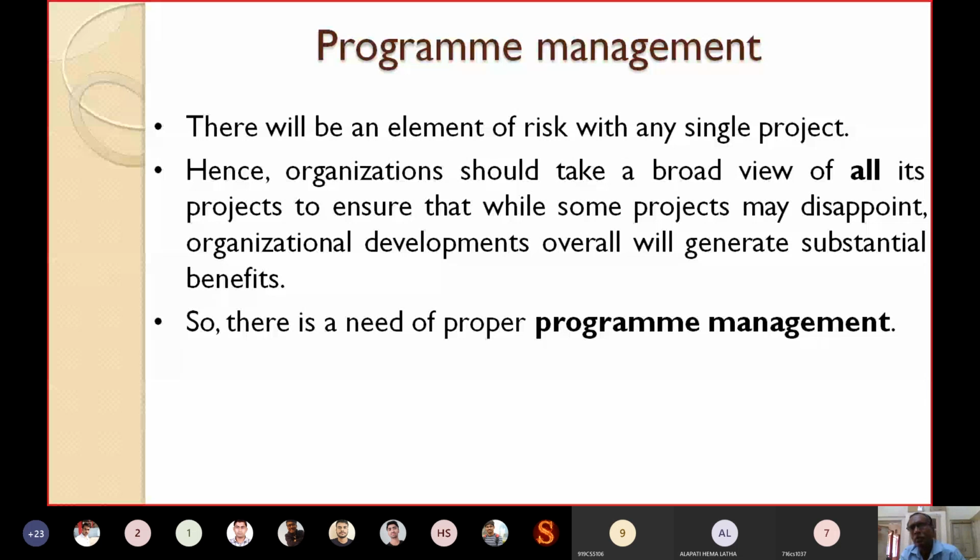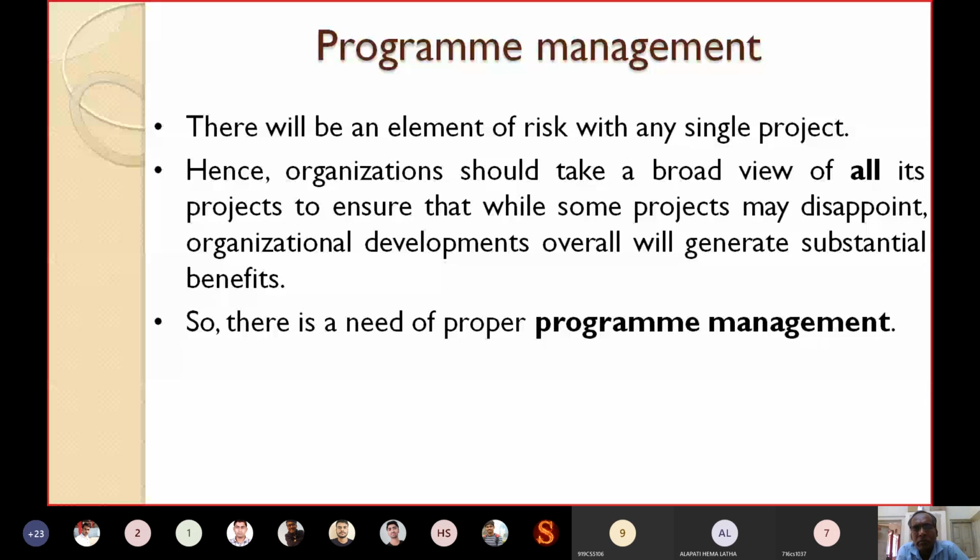Say there are 10 projects right now running, 1 or 2 are disappointing, there is more risk, but it is balanced by the other projects.